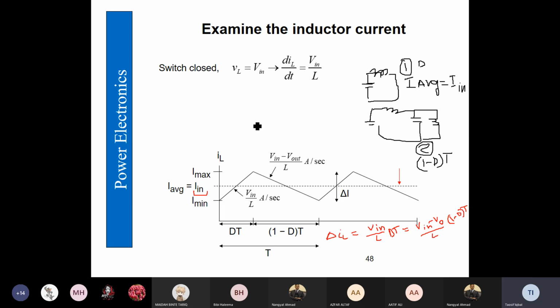So this is the difference between the boost and the buck converter. So the inductor current gives us all the information of all components' current, but it also gives us different information as far as average current is concerned. So this average current in this case is now the input current.